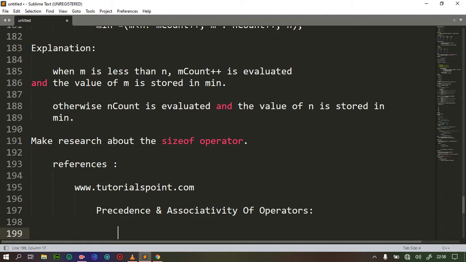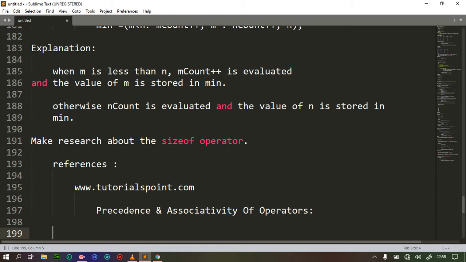Guys, when we are in C++, and definitely in other programming languages, every operator has what we call precedence, and every operator has what we call associativity. Now someone is saying, what are you talking about?